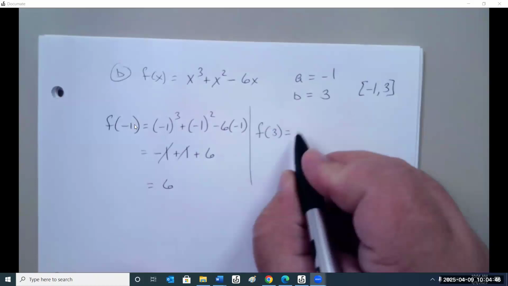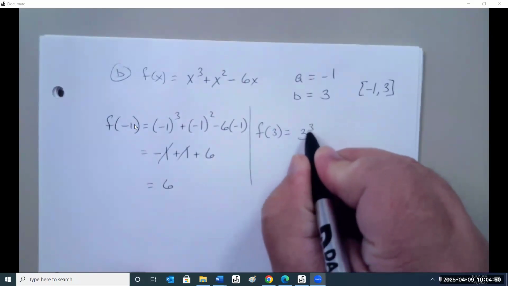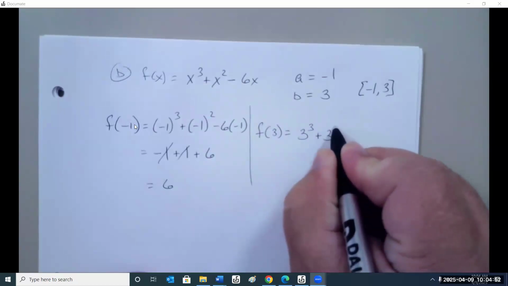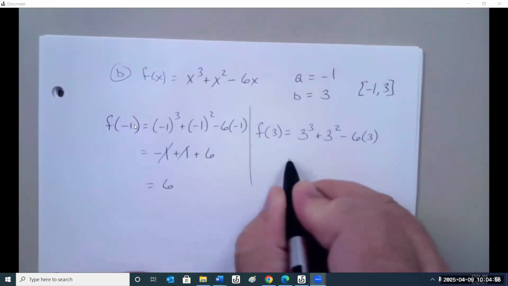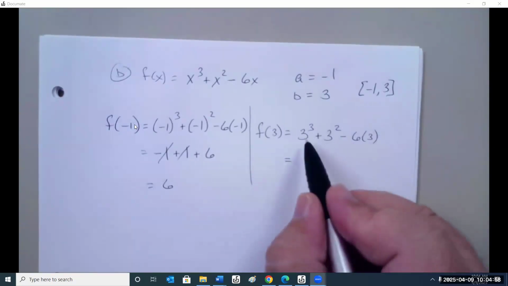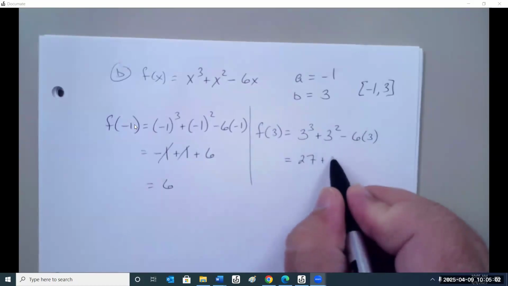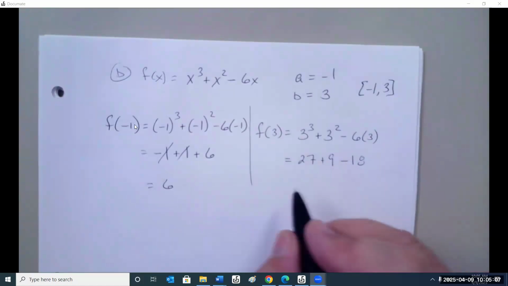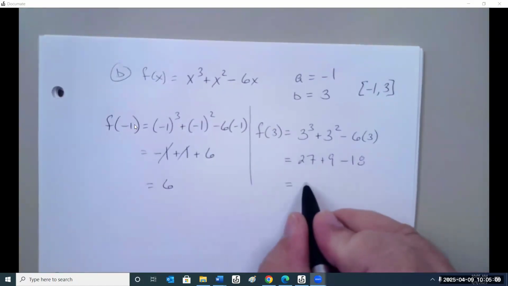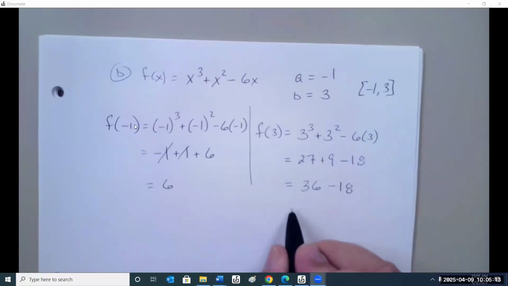Now we do the same thing with the +3. 3 cubed plus 3 squared minus 6 times 3. 3 cubed is 27. 3 squared is 9. 6 times 3 is -18. So 36 minus 18.